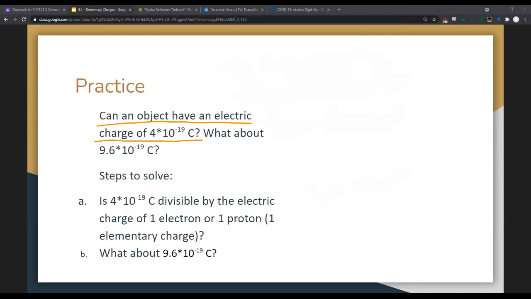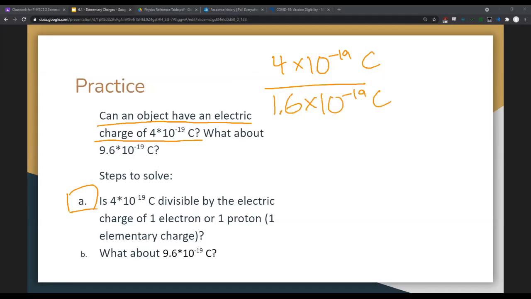Well, the first thing you do is check: is 4 times 10 to the -19 coulombs divisible by the electric charge of 1 electron or 1 proton? So is it divisible by 1.6 times 10 to the -19 coulombs? If you divide this, 4 divided by 1.6 gives you 2.5 elementary charges.